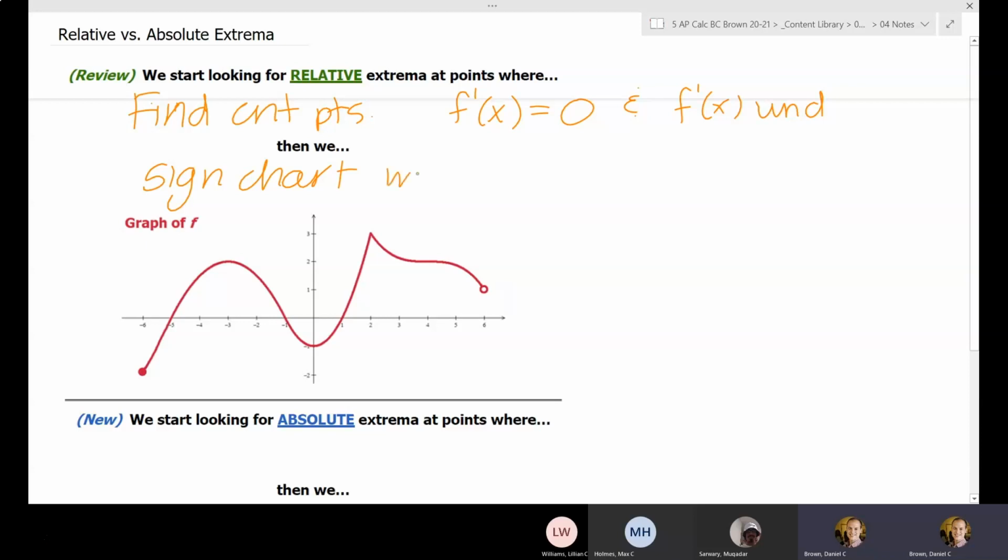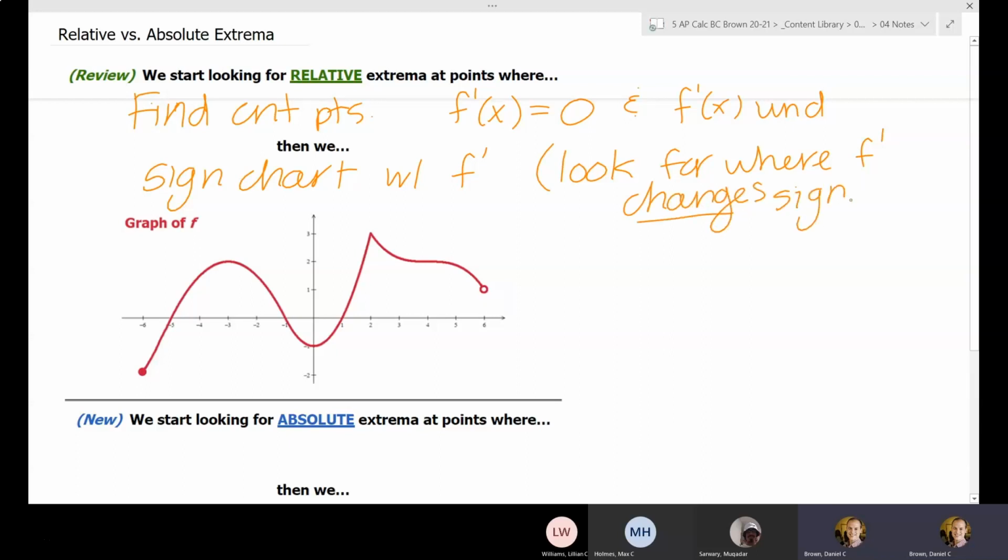Specifically, we made a sign chart with that first derivative, and we were looking at sign changes in the first derivative. So look for where f prime changes signs.